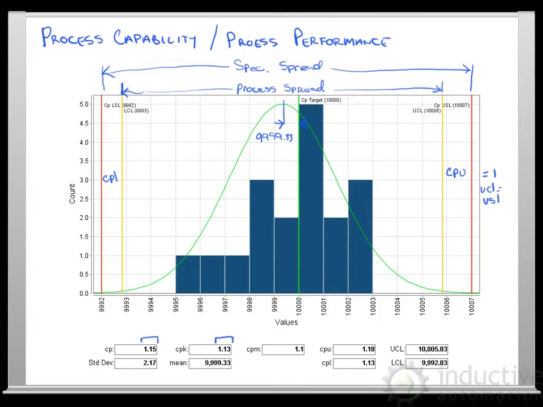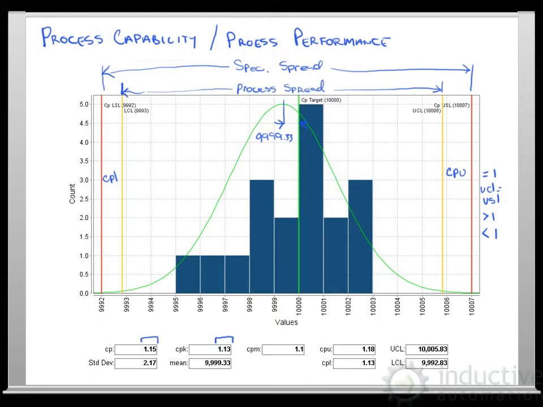Upper spec limit. If it is greater than 1, like we see right now, CPU is greater than 1. That means we have some distance here. And the more the distance, the greater the number. If it's less than 1, that means we're to the left, and it works all the way down to 0 if we get to our target here.